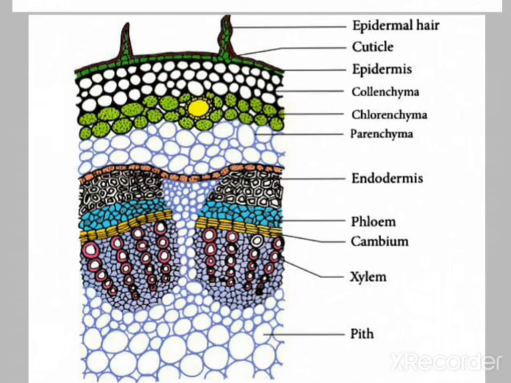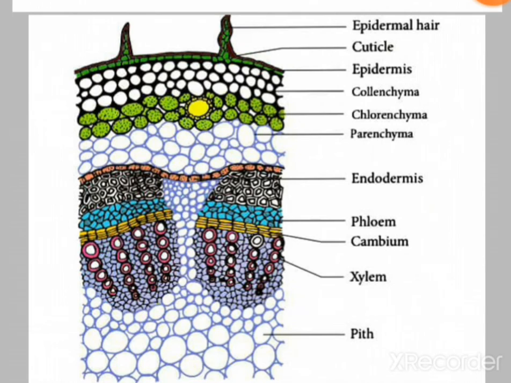In dicot stem, xylem and phloem are arranged in the same radius. So, such vascular bundles are called conjoined vascular bundles. Here, the xylem towards the inner and phloem towards the periphery, which is called collateral vascular bundles.